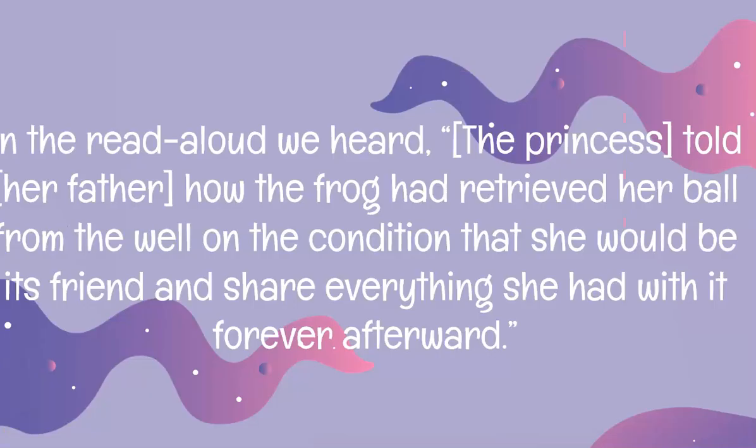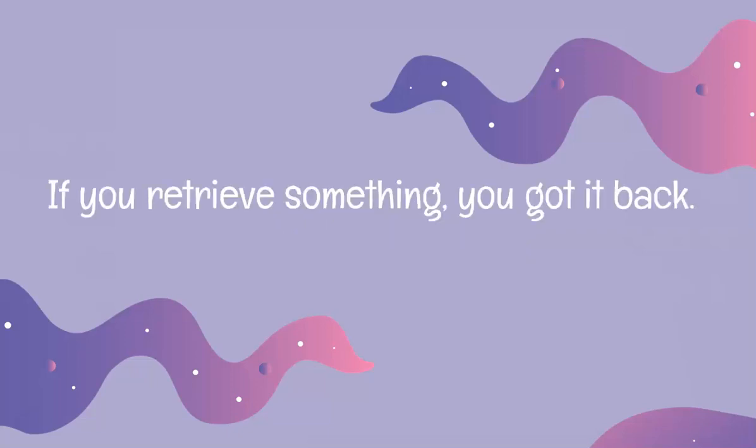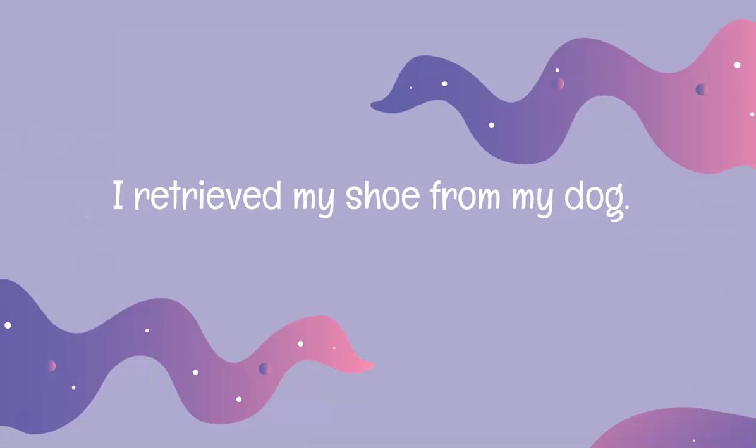In the read aloud, we heard the princess told her father how the frog had retrieved her ball from the well on the condition that she would be its friend and share everything she had with it forever after. Retrieve. Say the word with me. Retrieve. If you retrieve something, you get it back.